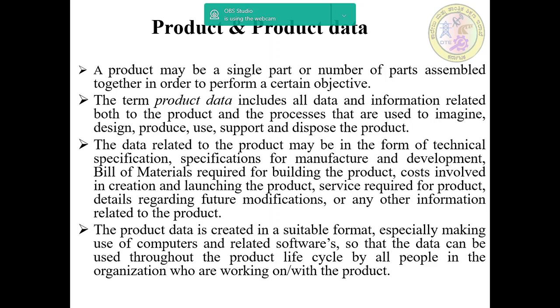The main thing is that product data is created in a suitable format, especially making use of computers and related software, so that the information can be used throughout the product life cycle by all the people in the organization who are working with the product.